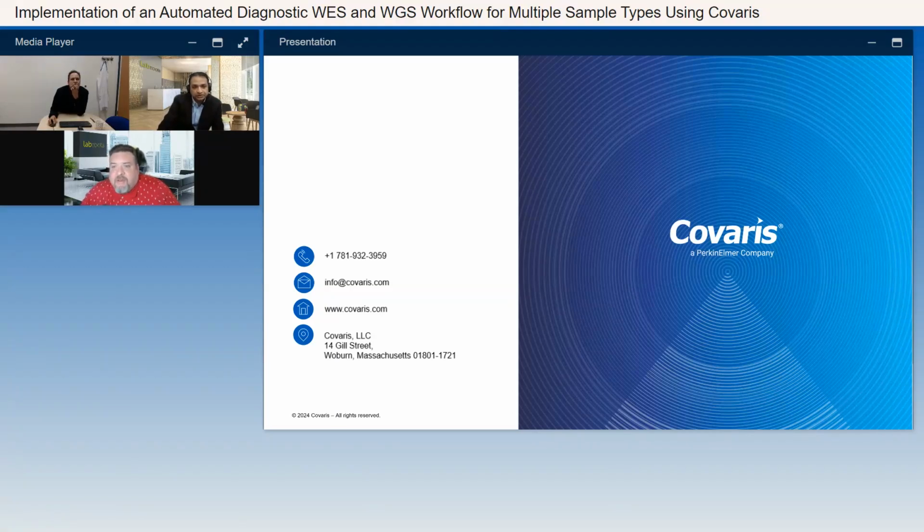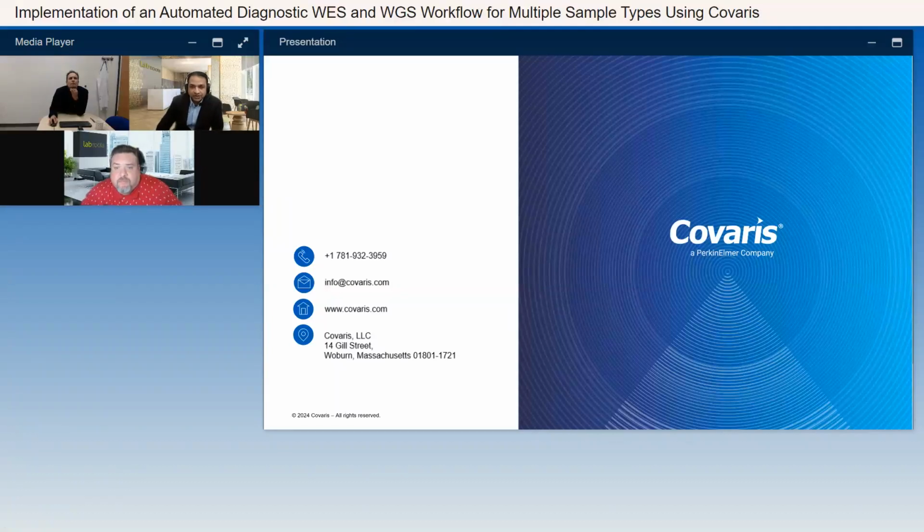I apologize for that. Could you comment on how the Covaris shearing and library preparation workflows facilitate the standardization of insert sizes across different sequencing platforms? Yeah, this is an excellent question.